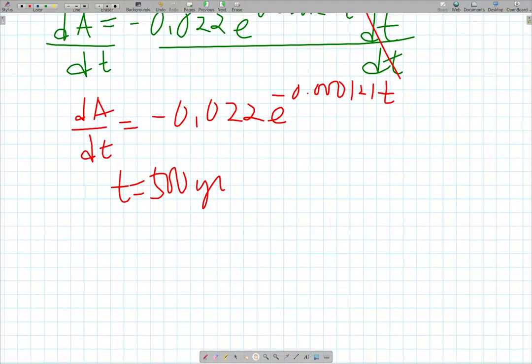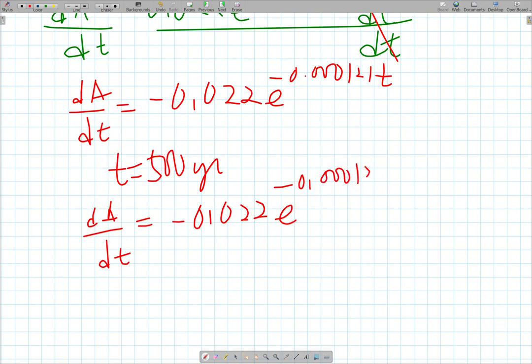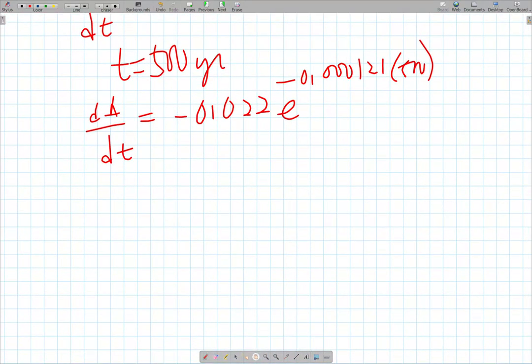So substitute to the given equation, dA over dt equals negative 0.022 E negative 0.0000121 times 500.